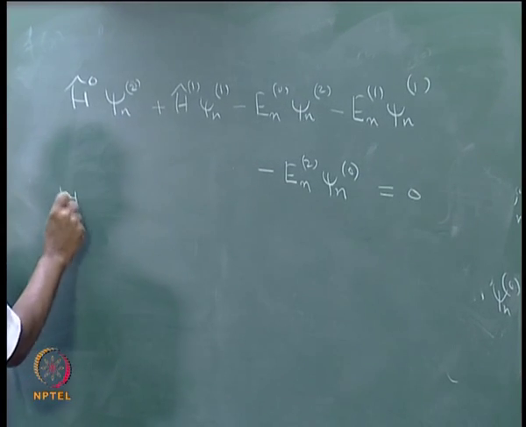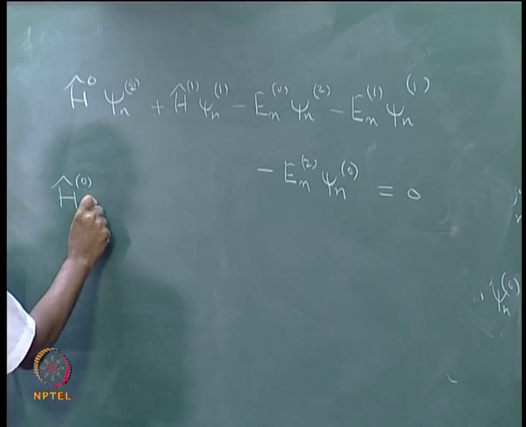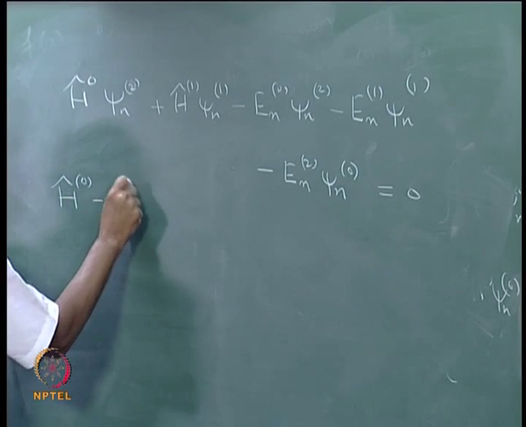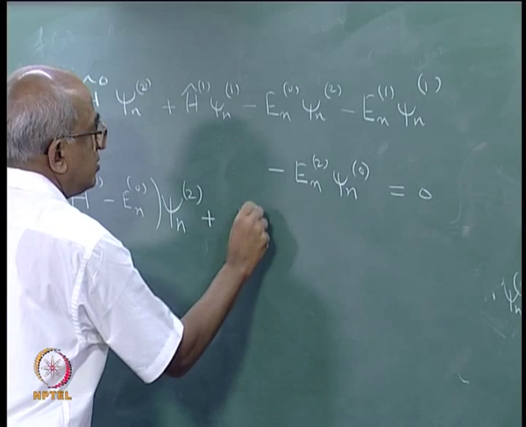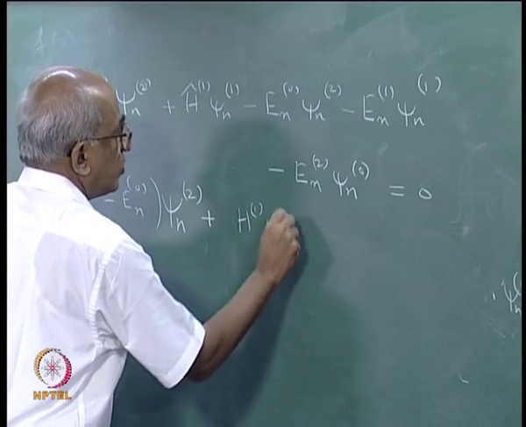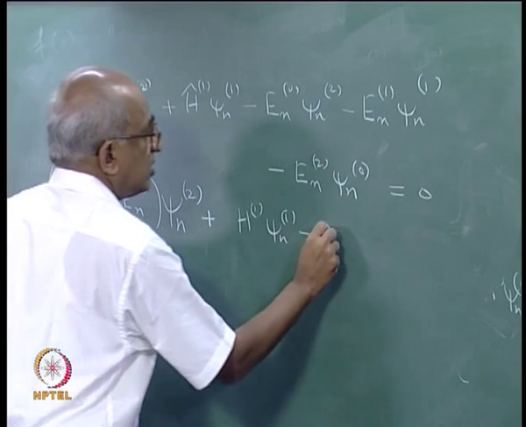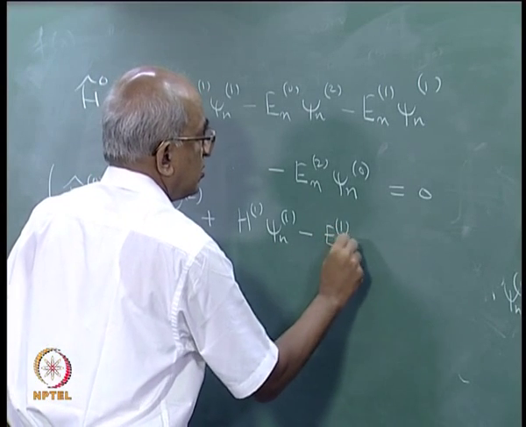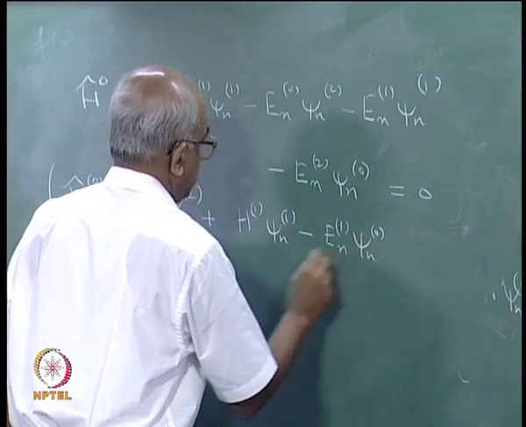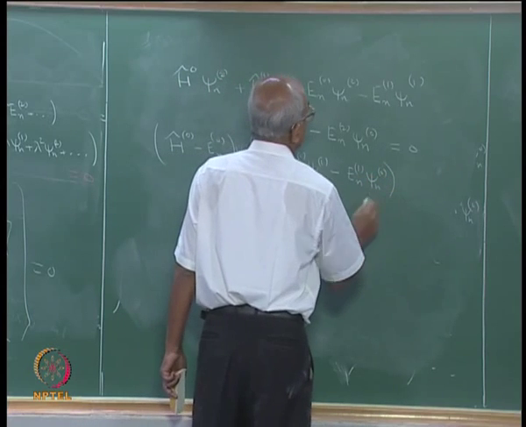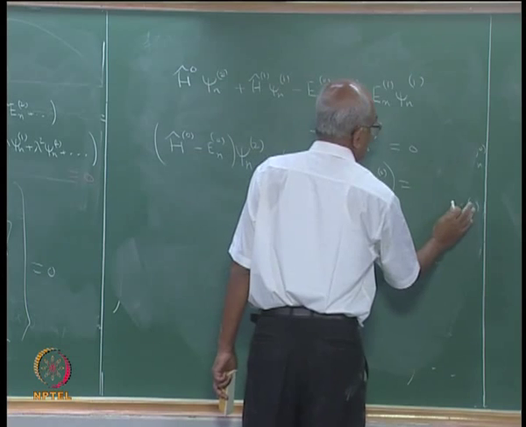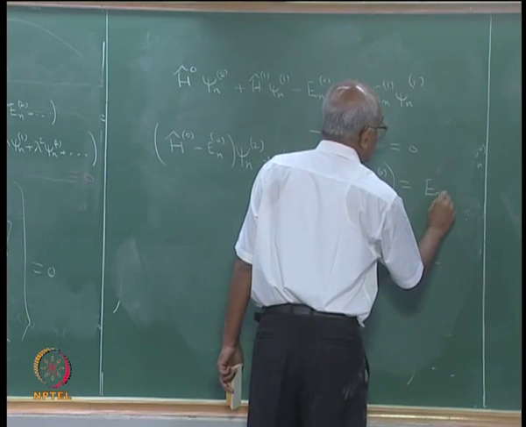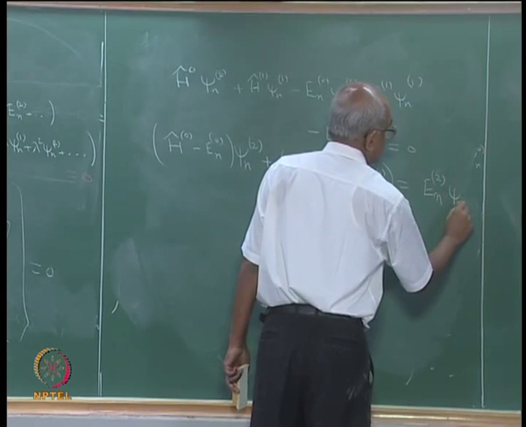Let me rewrite this in a slightly different fashion: H0 minus En0 into psi n2, plus H1 minus En1 into psi n1, is equal to En2 psi n0.